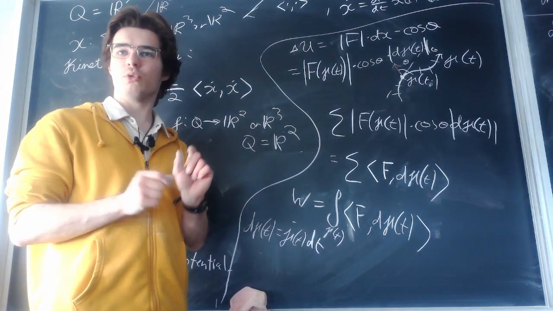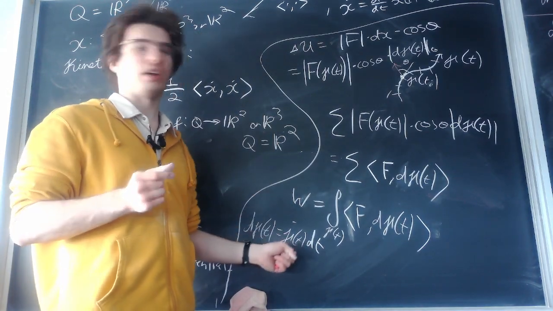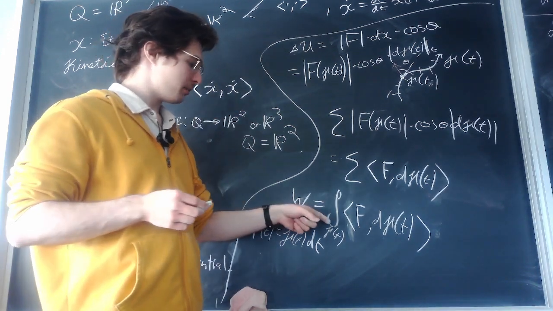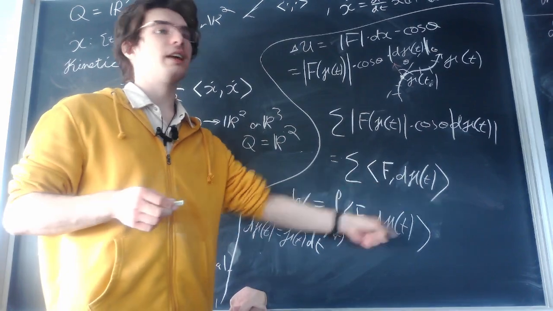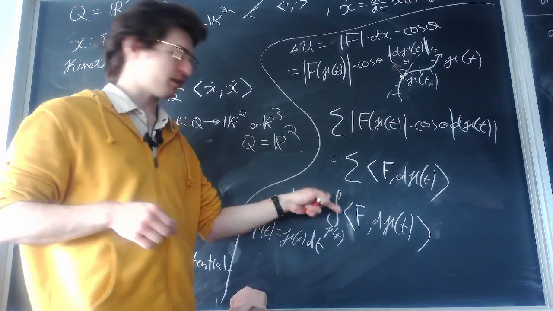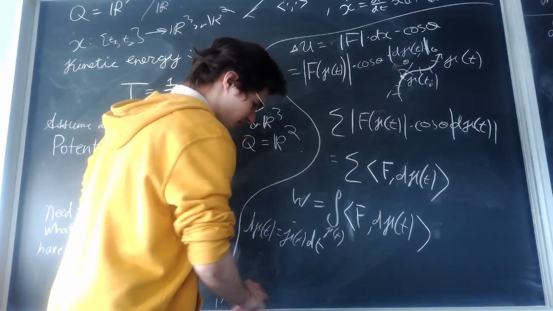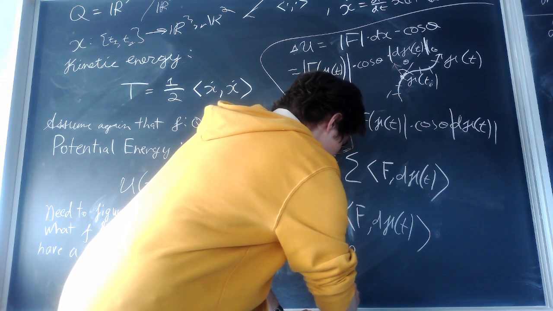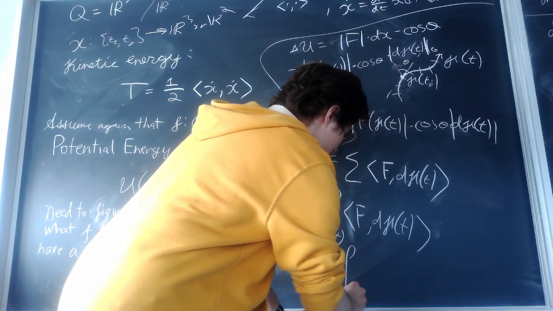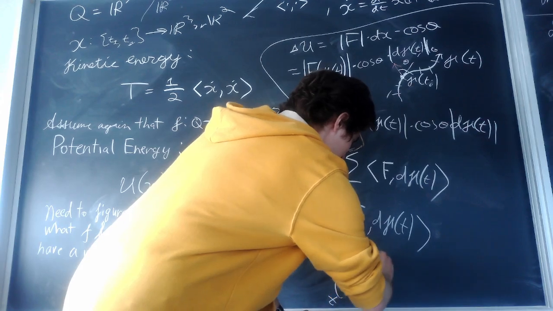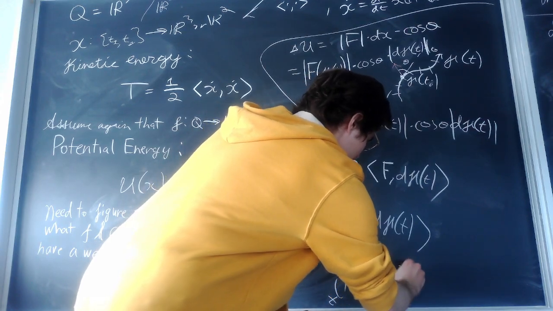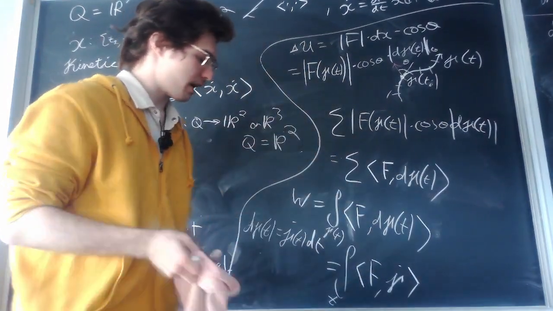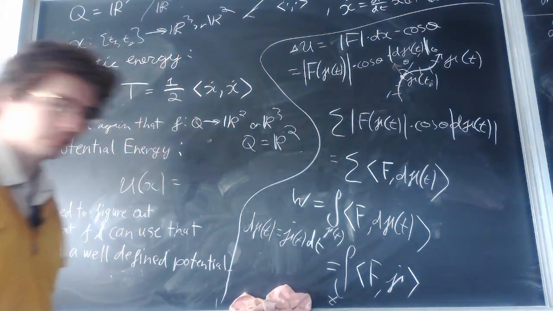If I move t a little bit, my gamma should change by gamma dot of t. So then I should be able to rewrite this integral in terms of this path if I really wanted to. So this then could be an integral over t of F dot gamma dot. Okay.